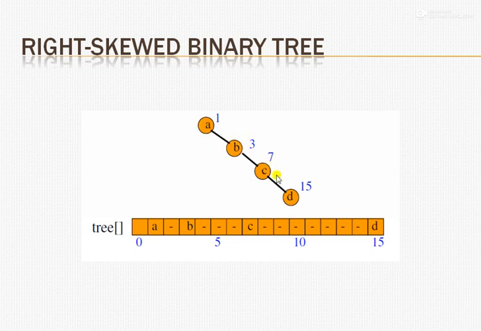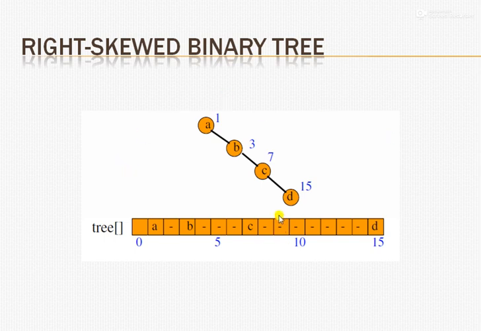The depth here, if you observe, is 4. What will be the maximum number of elements it may have in the binary tree? It will be 15, because 2 to the power h minus 1 is the maximum number of nodes which can be present in a binary tree.